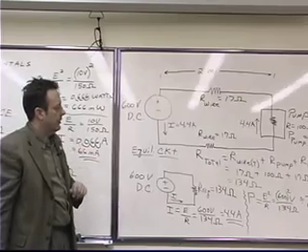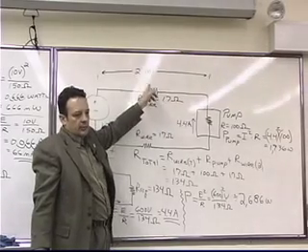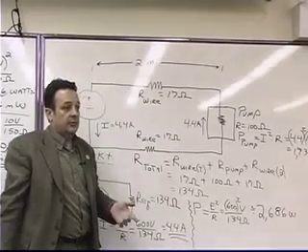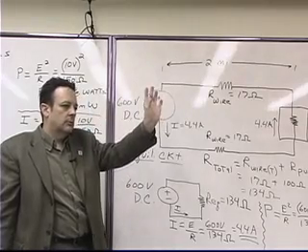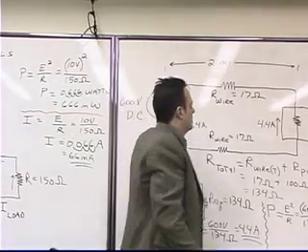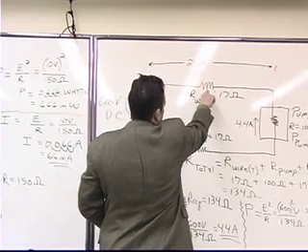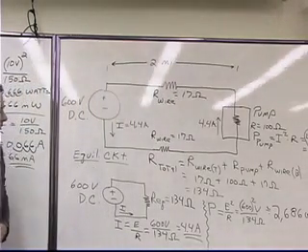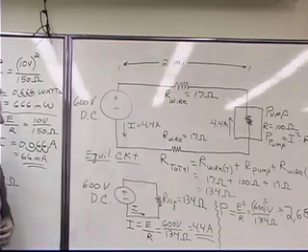Now, I want you to note something. If we look at how much power we're losing in this resistor, or this piece of wire right here, it becomes significant. Why? Because it's so far. It's 17 ohms. It's running 2 miles. So if we want to know how much power we're losing in these resistors right here, how can we figure that out? Well, let me walk you through it.